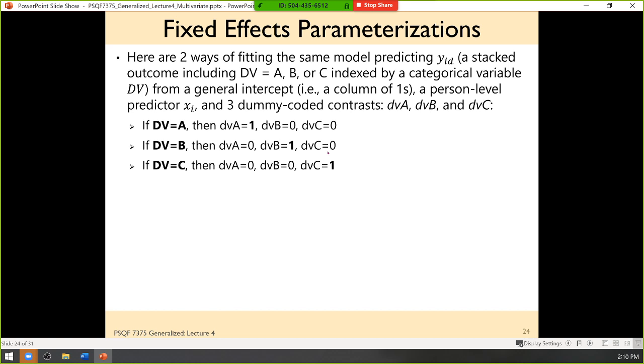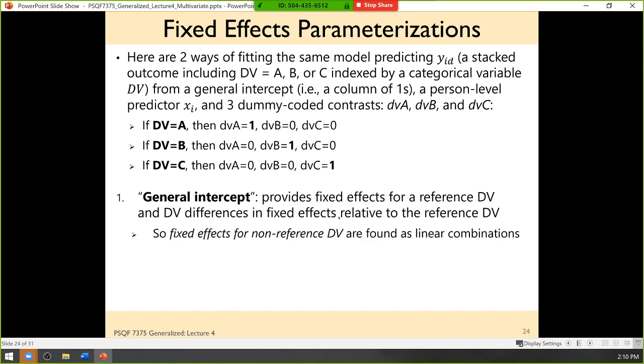These dummy codes right here are going to act like switches. That's what their job is. They're going to turn effects on when relevant for that column, or that row, or off. So in this configuration, there are 2 different ways to set up the model. There's the general intercept way. That's what we did in example 4a. In that case, you would designate one outcome variable as the reference.